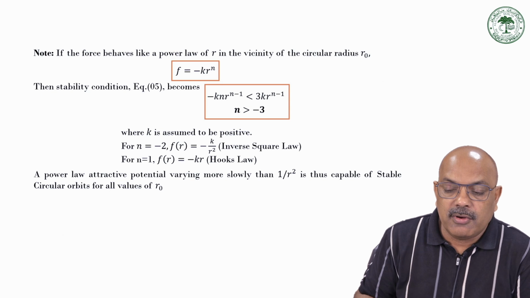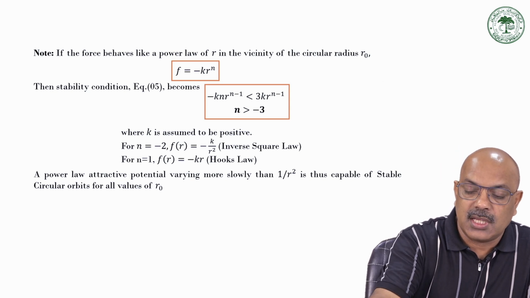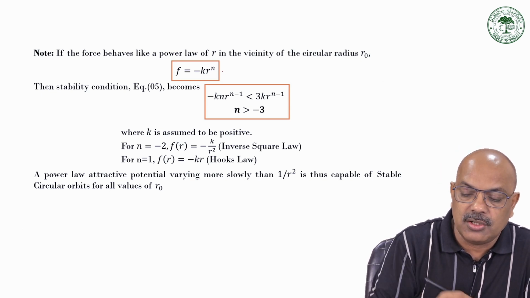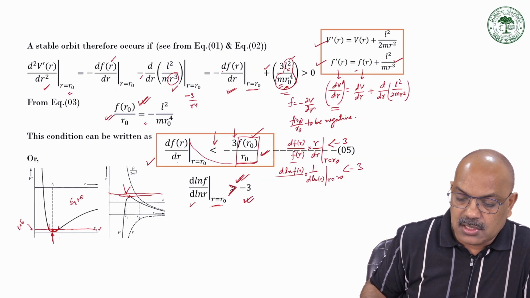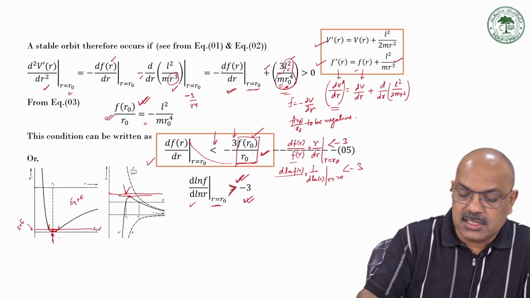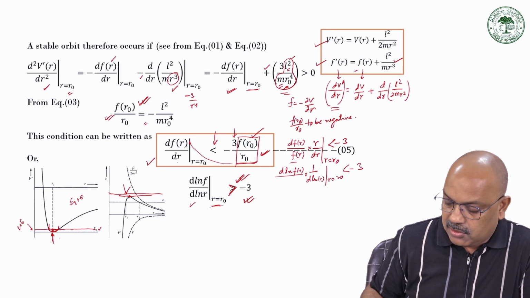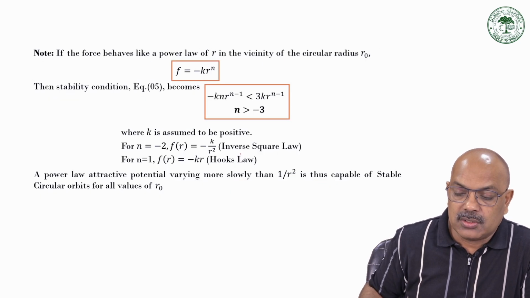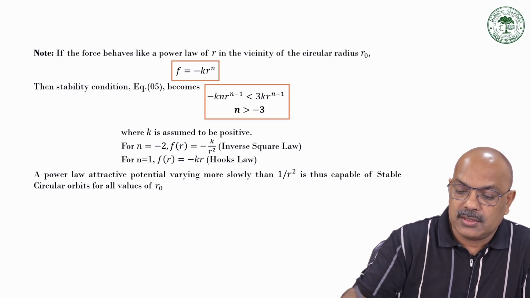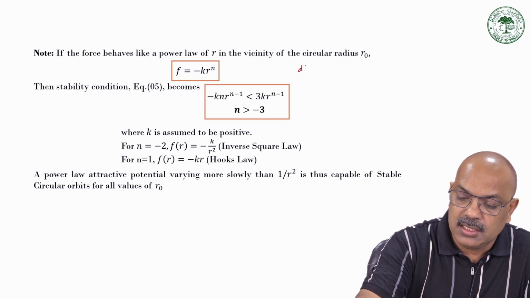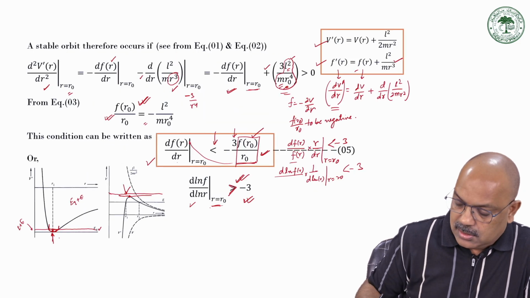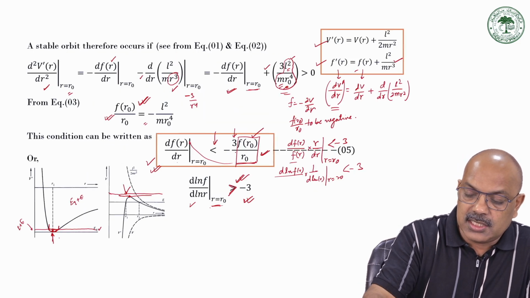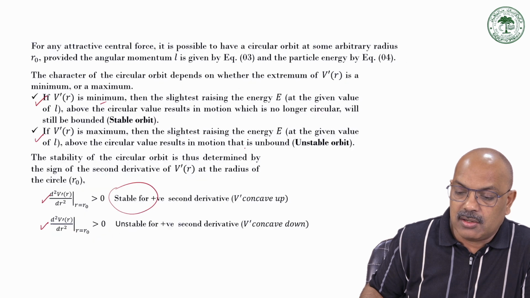Okay, so now for a case like my force is minus k r to the power n, the stability equation, that is equation number 5, is dfr by dr equal to minus f(r naught) by r naught. So dfr by dr is less than -3 f(r naught) by r naught.